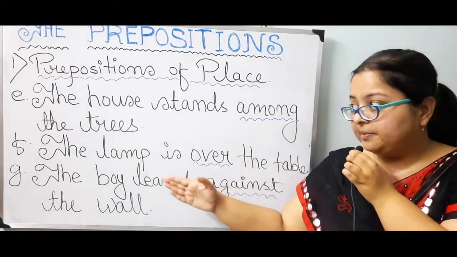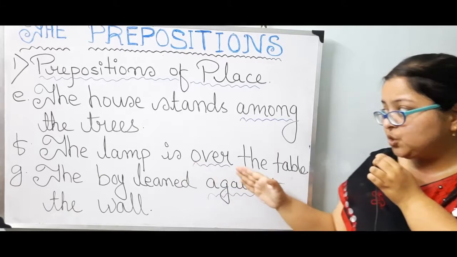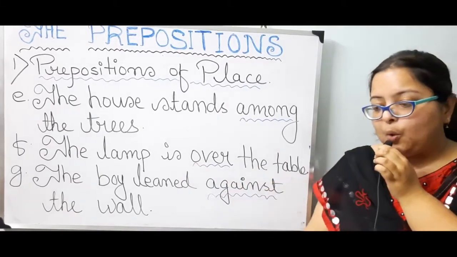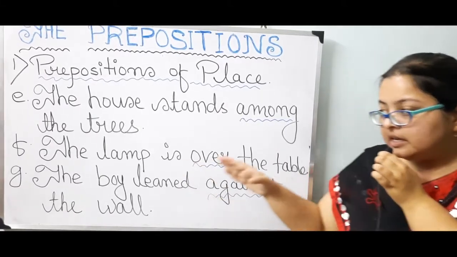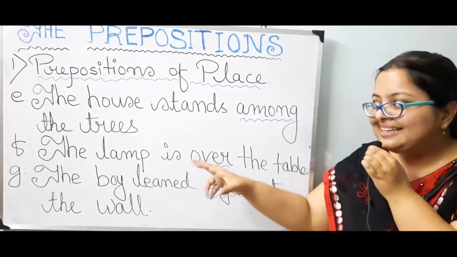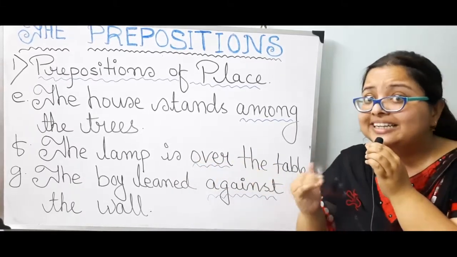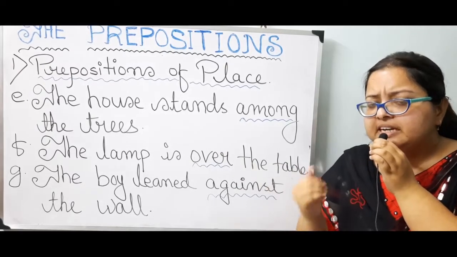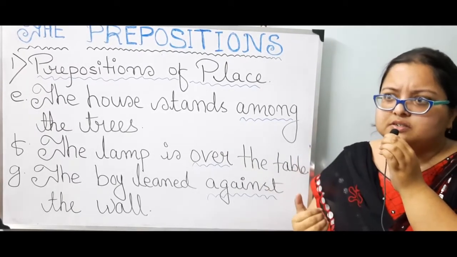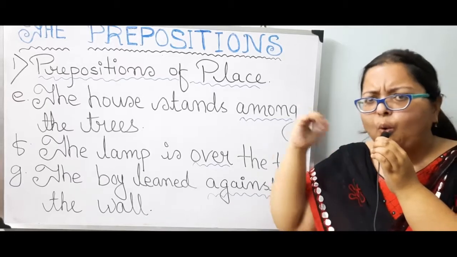Number F. The lamp is over the table. So over here, students, if I say suppose the lamp is over the table, then definitely it is not touching the surface of the table. It is somewhat over it.